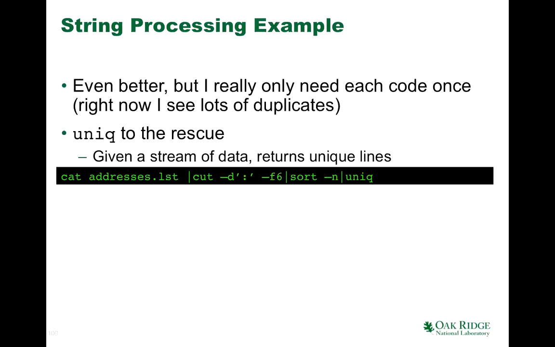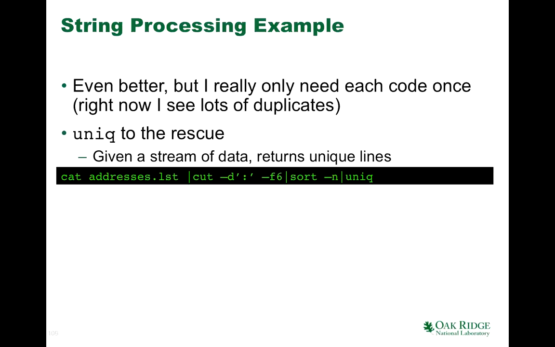It's sorted, but we only need to know the zip codes we're using. We don't need to know that we're using a particular zip code 15 different times. So can I get rid of the duplicates? Well, there's another command, uniq. This removes duplicate lines. Now, the important thing about it is that it removes adjacent lines that are duplicates.